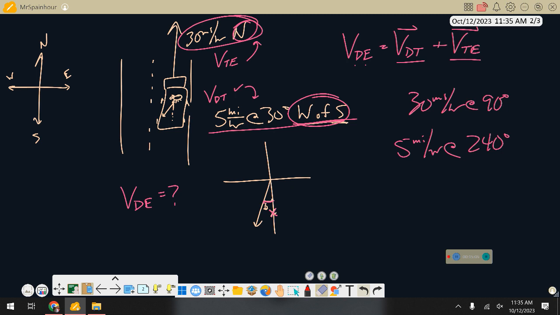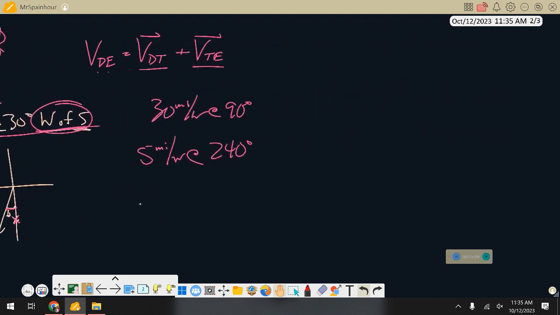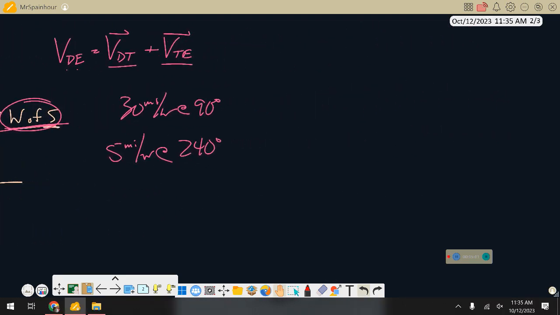Now we simply need to do a vector addition. So we're going to come over here to the right and focus on that vector addition. This is the velocity of truck compared to Earth. This is the velocity of dog compared to truck. And the first thing we do is find the two separate components.